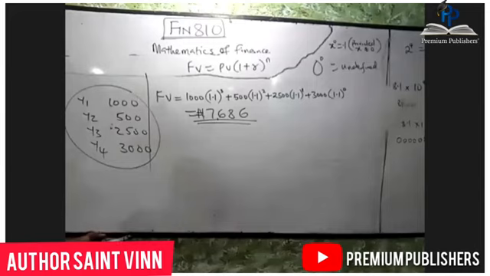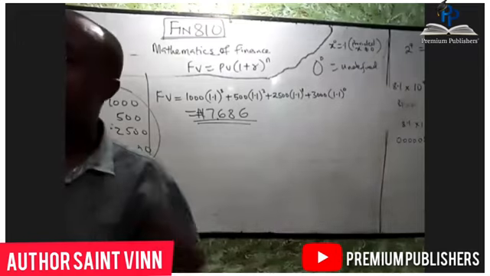Okay, 1,000 bracket open 1.1 raised to the power of 3, plus 500 bracket 1.1 raised to the power of 2, bracket plus 250 bracket 1.1 raised to the power of 1, which is of no use, plus just 3,000. It is 7,686. Correct.